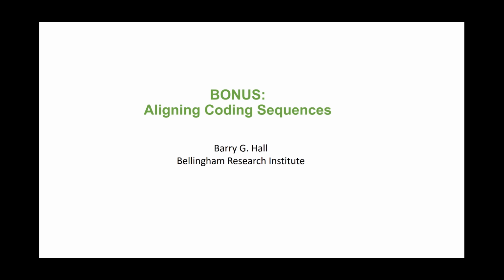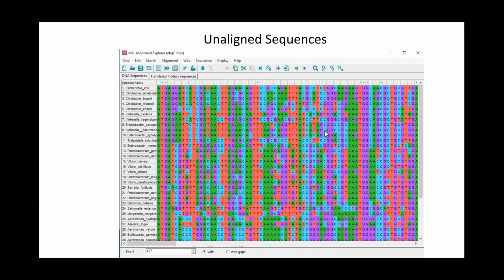I'm now going to talk about aligning coding sequences. This is where we just finished up. These are the unaligned sequences. In order to make a phylogenetic tree, just as it was important that we only put homologous sequences on the tree, the process of making a tree means that the sites have to be compared, the columns have to be homologous sites.